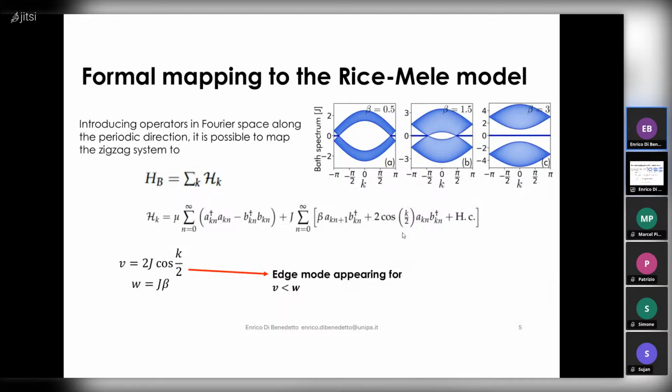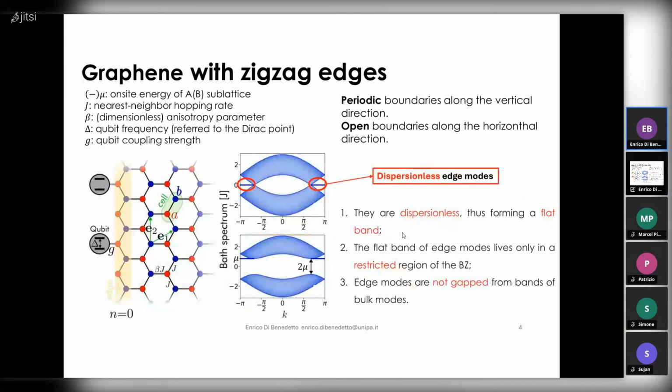It pins to the same edge, it's not 0, but it's all shifted up. This edge must be on the A sublattice. So we are shifting all the cavities of the A sublattice to a certain energy, so they are all shifted.